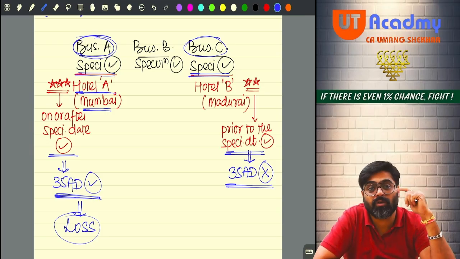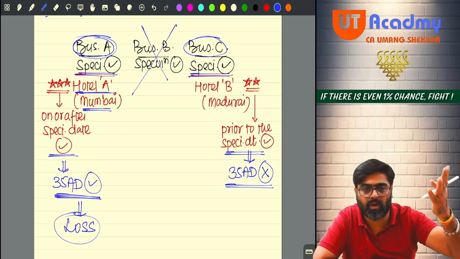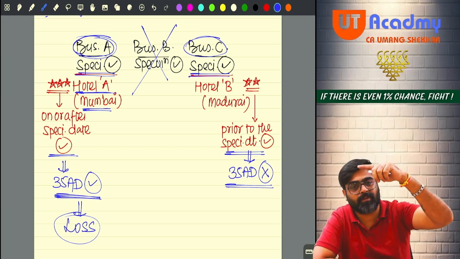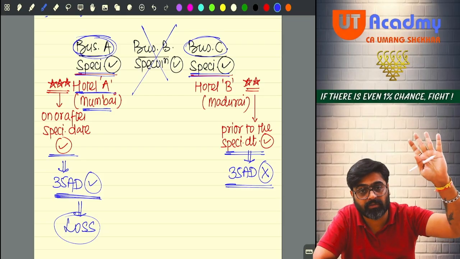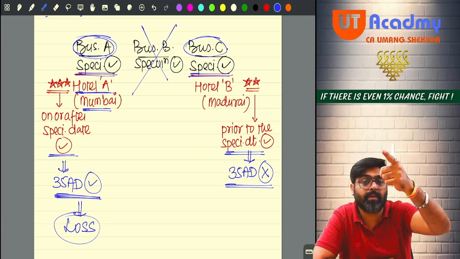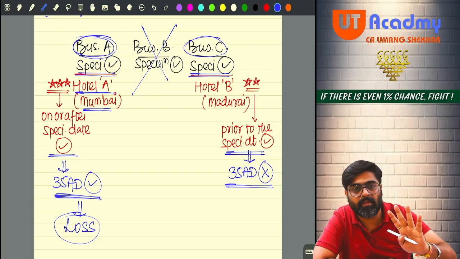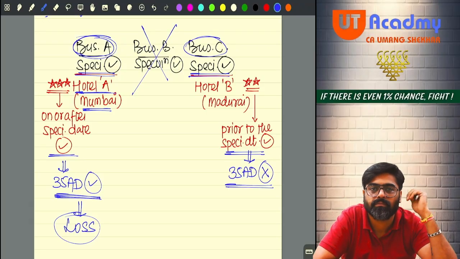What if business B was a normal business? Whether business B is a speculation business or a normal business, forget it. Because loss of a specified business can be adjusted only against the profit of any other specified business. Yes or no? So whether business B is a speculation business or a normal business will not make any difference. Against that, this loss cannot be adjusted.